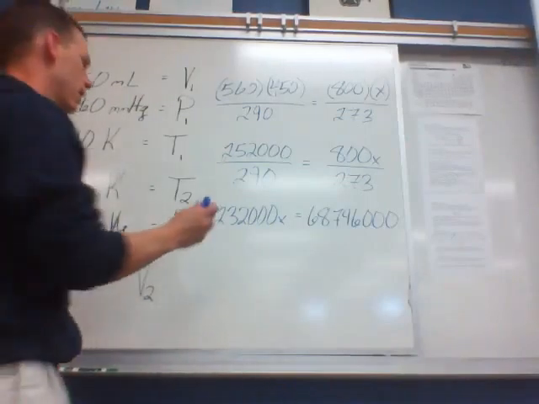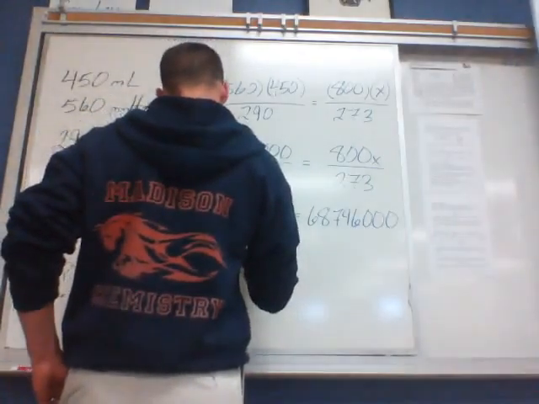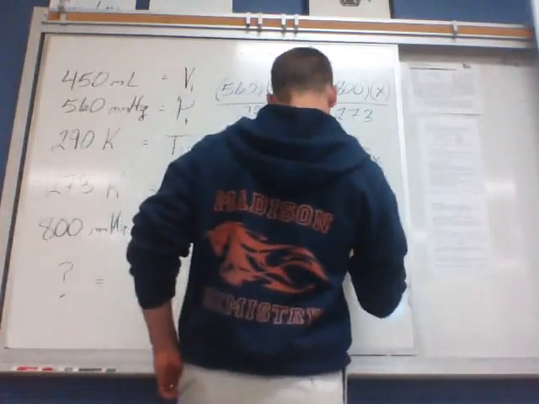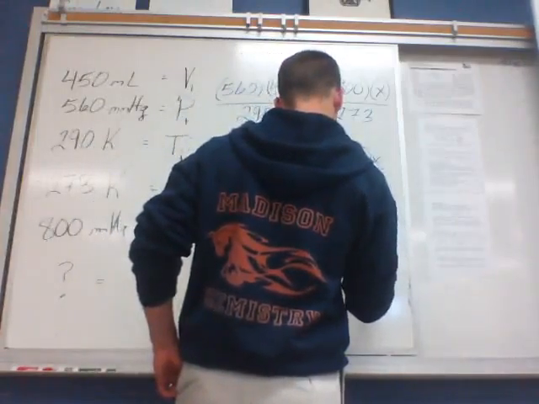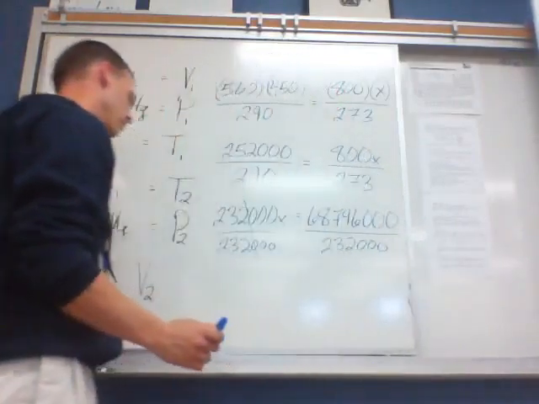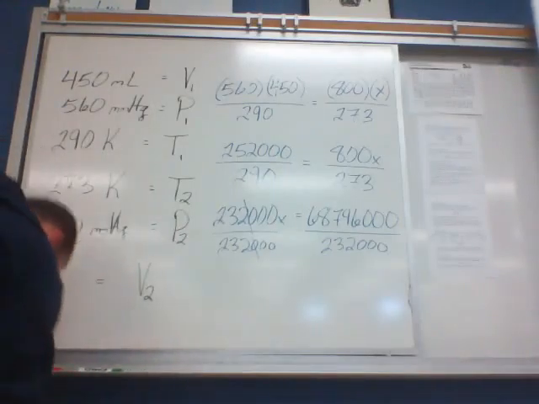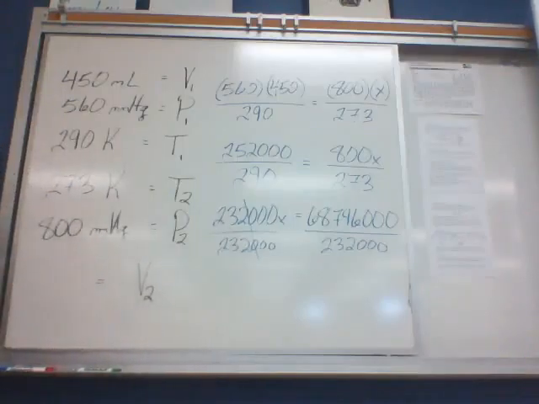Divide by the number connected to the x. I get 296.53 milliliters.